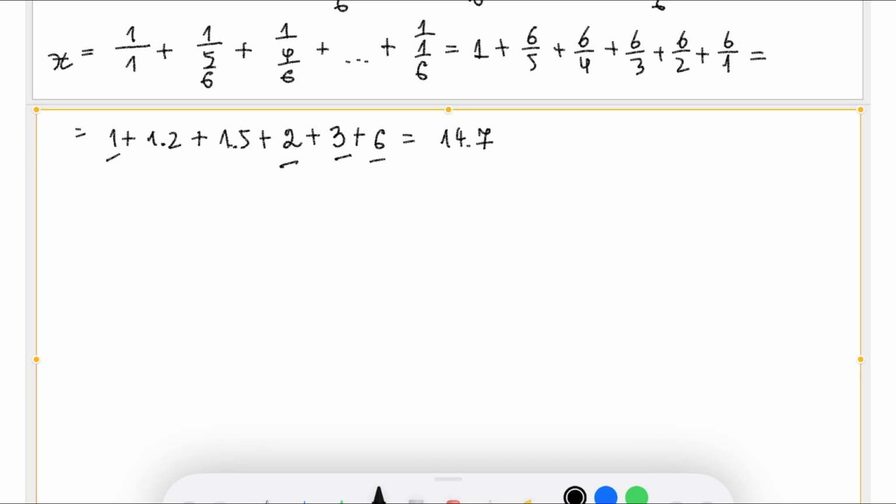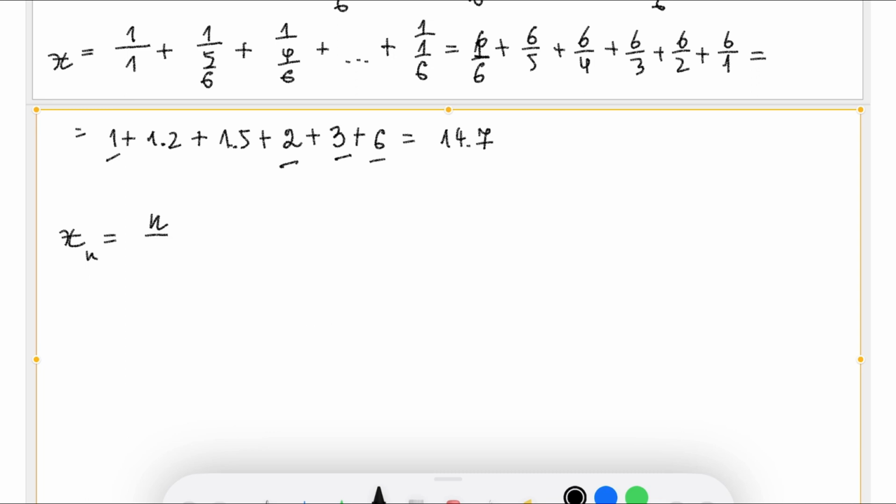Now let's think about the general case. When we have Xn, we can write this as, here we can write instead of 1, 6 over 6. And we can put the 6 as common factor, and 6 in the general case is n.